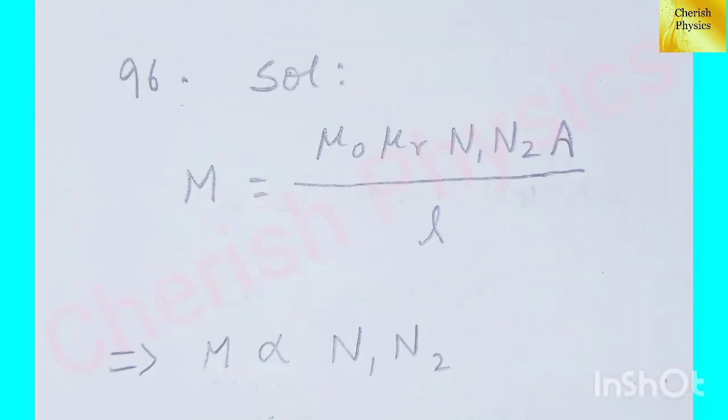The formula for mutual inductance M equal to mu naught into mu R into N1 N2 into A divided by L. This formula I have seen from the 12th standard old physics book. If you learn the 12th standard books thoroughly, you come to know the difference between the formula given in the old book and the new book.